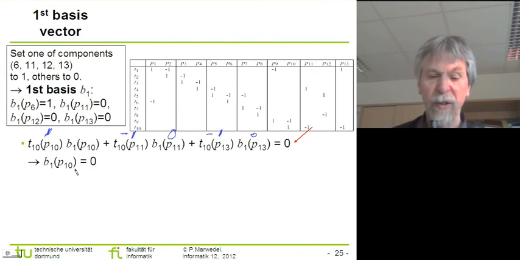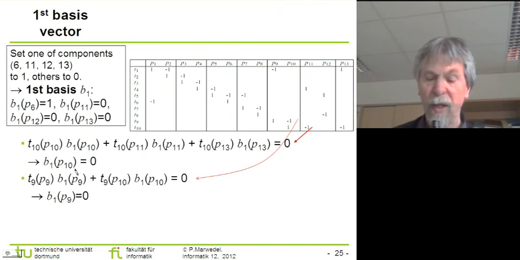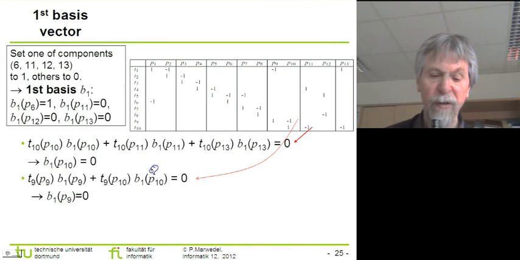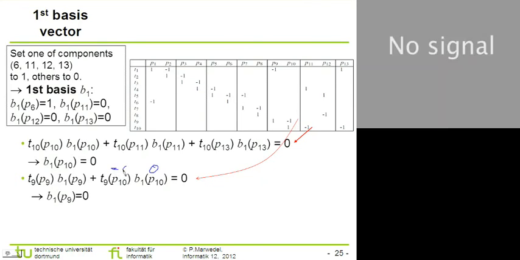Now, doing this for the first time might need getting used to it, but doing this for the second time now I think looks a lot easier. We are essentially repeating the same exercise, using the information that we have from the first calculation. T9 of P10, that is the entry that we find over here, that is a -1.